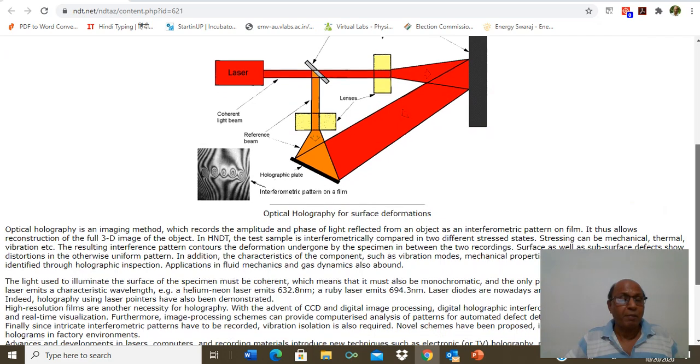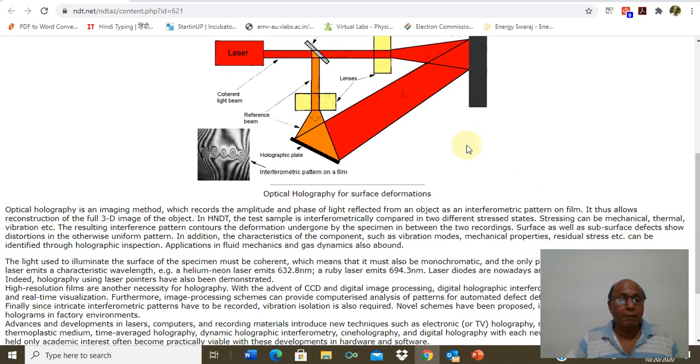This is a very important piece of information, and such a method, when used with modern technology, can be very fast. It can be used in different applications, in fluid mechanics, gas dynamics, real-time visualization, and so on.